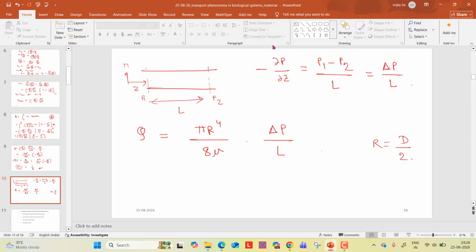D is the diameter, right? So what will be coming? It will be coming like pi d to the power 4 delta P by 2 to the power 4 means, sorry to write.